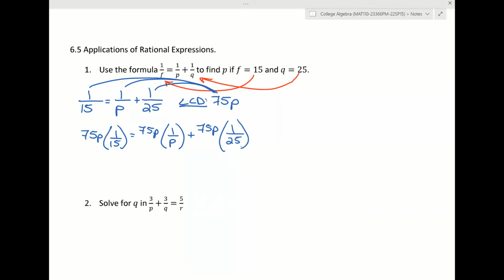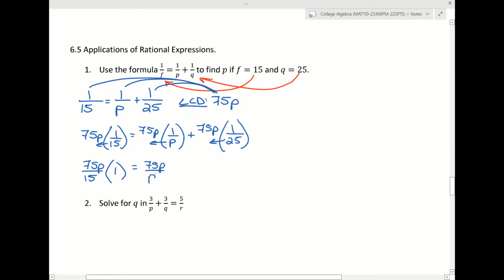In the last section, we were able to cancel out factors. One thing, I'll just show you a little bit of an easier way to do this. You could write the denominators underneath the outside term. So let me show you what I mean. We could just write this 75p over 15 times 1 equal to 75p over p times 1 plus 75p over 25 times 1.